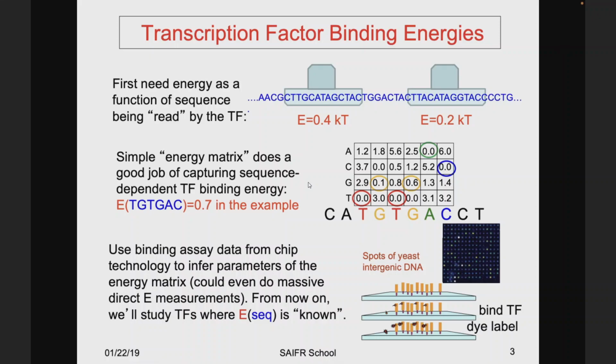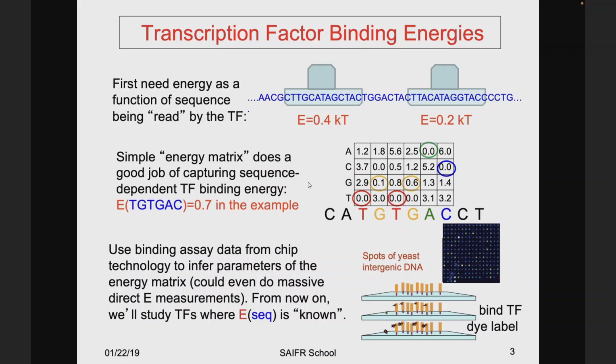What we would like to have is a function into which you put the string of DNA that the transcription factor is actually adjacent to, reading, and we want the output to be the actual physical binding energy to that particular sequence.